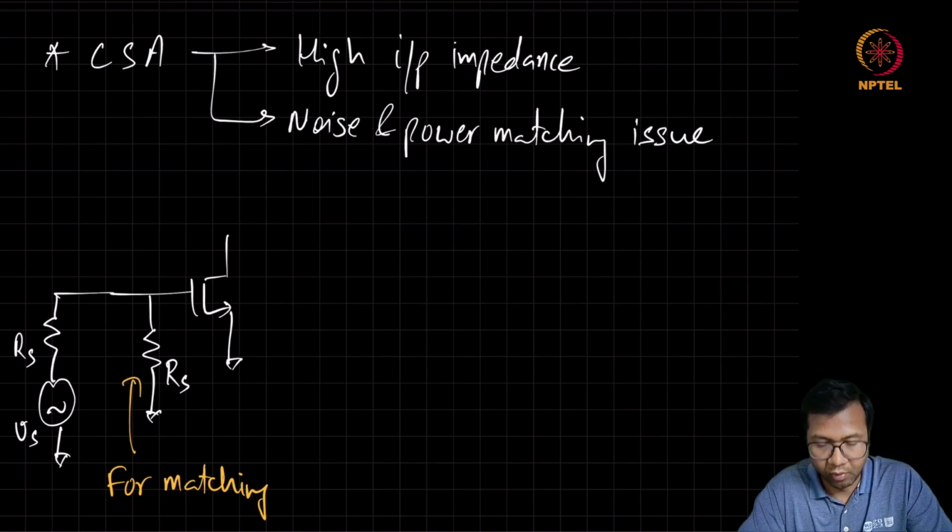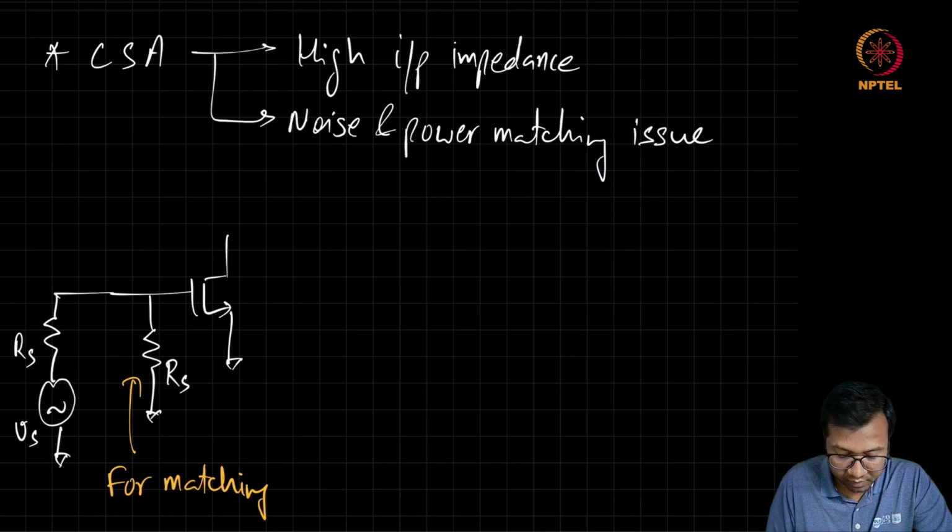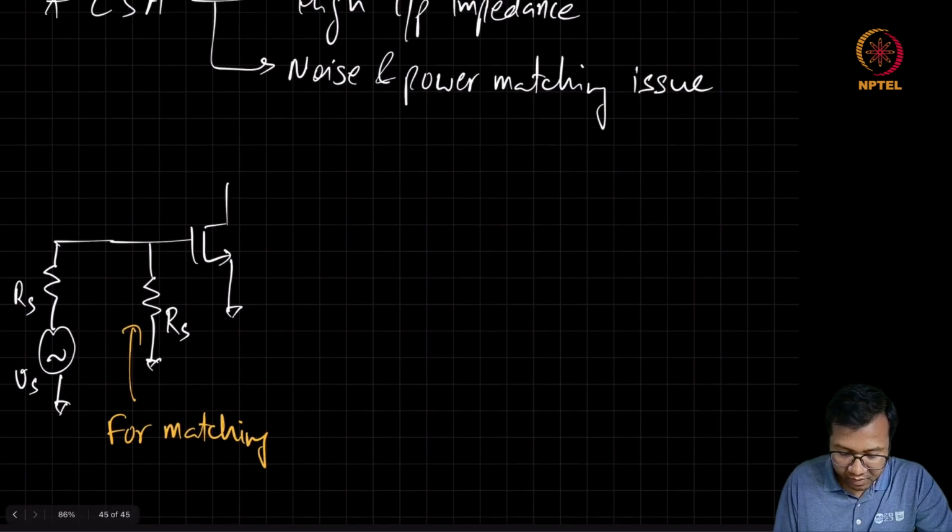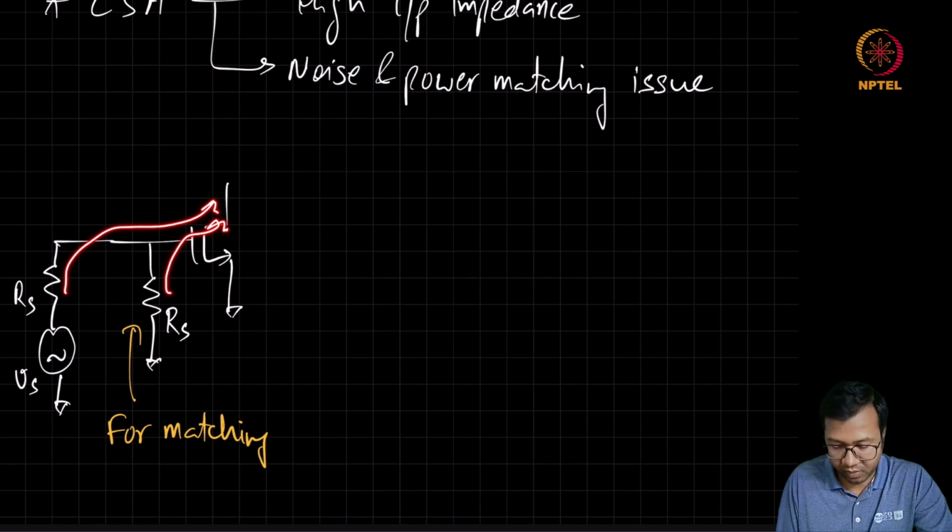We can then have a tuned load at the output, and yeah, so it looks like this matching problem is solved. But if we do the analysis, we will see that the noise contribution from the Rs to the output is the same as the noise contribution due to this matching resistance at the output.